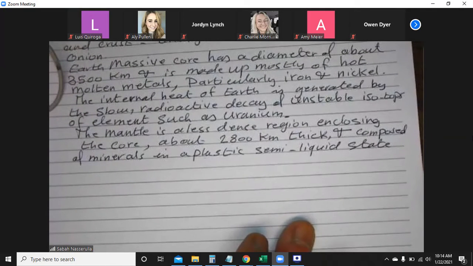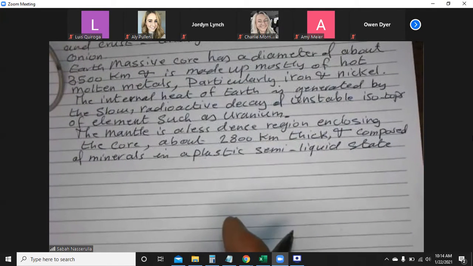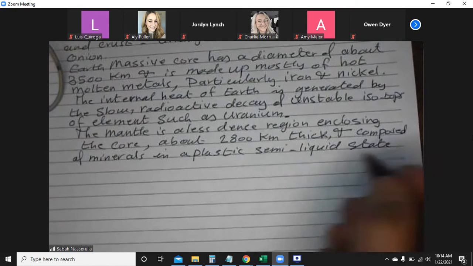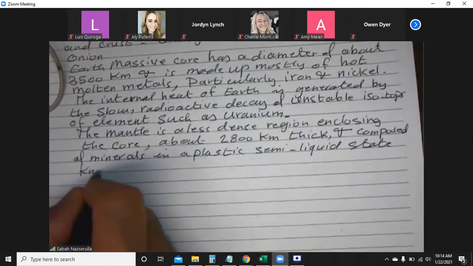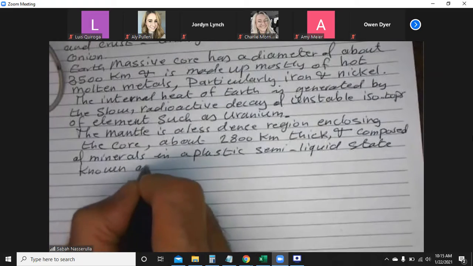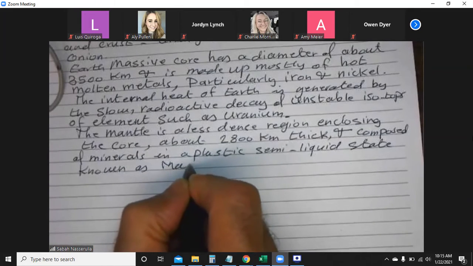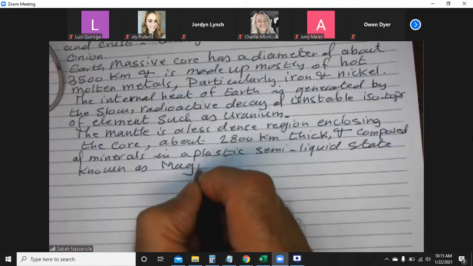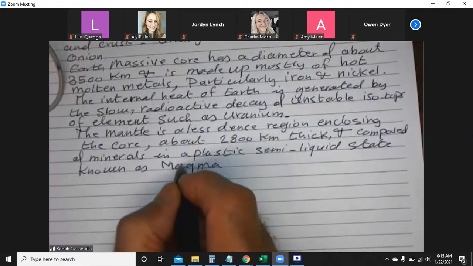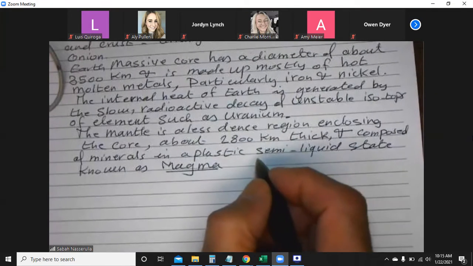Okay. And this is basically, the mineral of semi-liquid state is known as magma. Okay, this is known as magma.